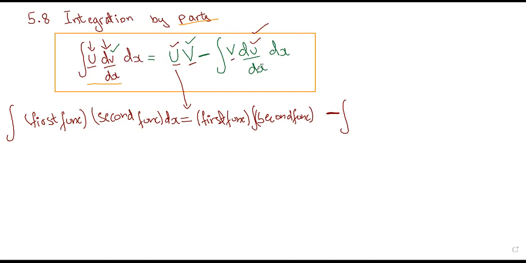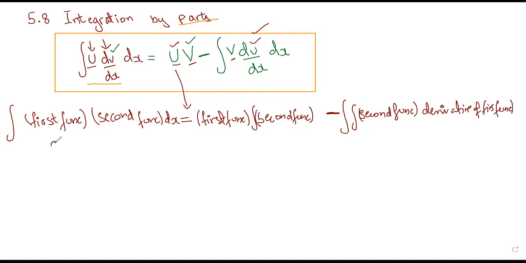V, what was V, Ranjani? V is the integration of the second function. And then we have the derivative of the first function.